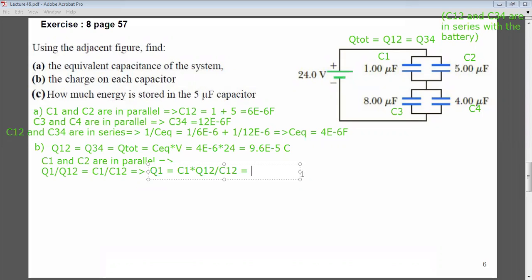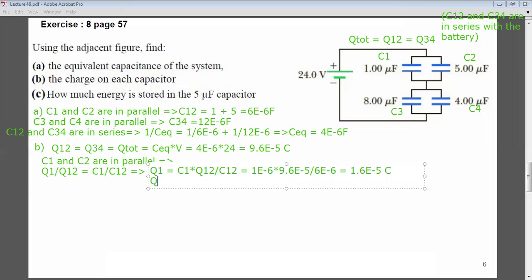And with numbers, C1 is 1 microfarad times Q12, which is 9.6 e to the minus 5, divided by the equivalent of C1 and C2, which is 6 e to the minus 6. And I get this number to be 1.6 e to the minus 5 coulomb.